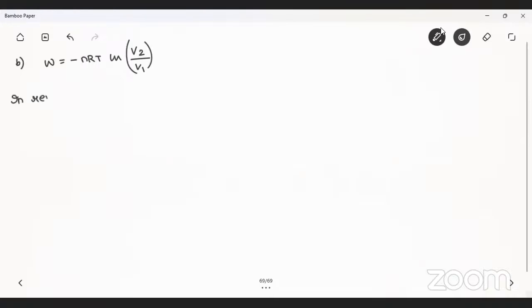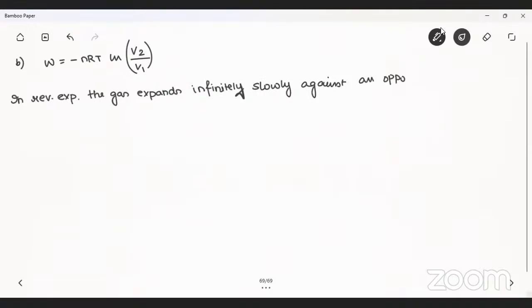In reversible expansion, the gas expands infinitely, but slowly, against an opposing pressure that is always less than the gas pressure.